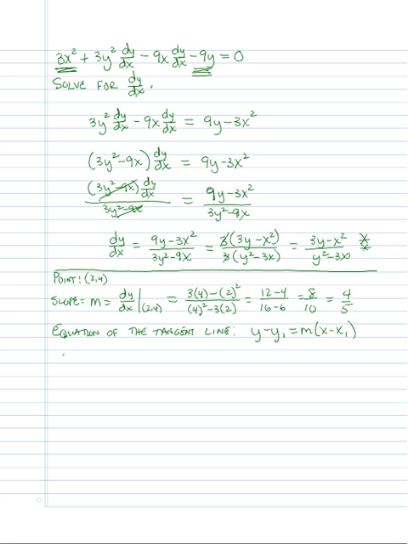So this becomes y minus our y value 4 is equal to our slope, 4/5, times x minus our x value of 2. And then we'll just begin to simplify this. y minus 4 on the left, 4/5 x minus 8/5 on the right. Add 4 to both sides.